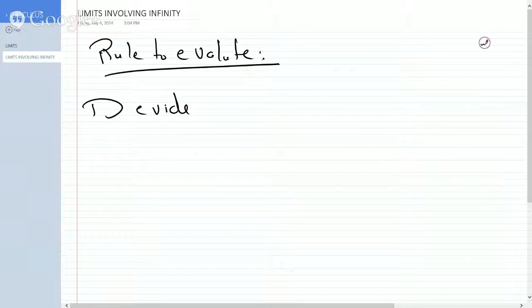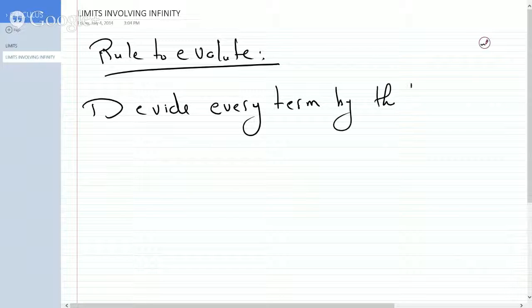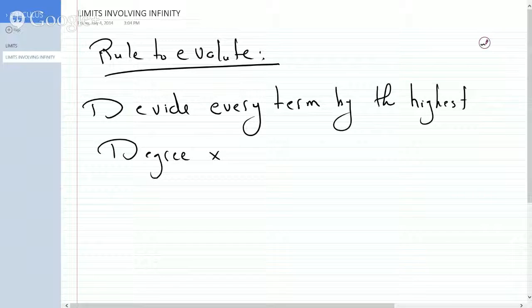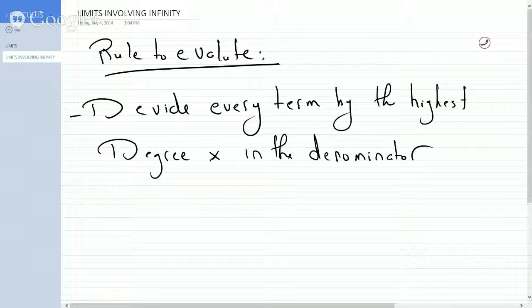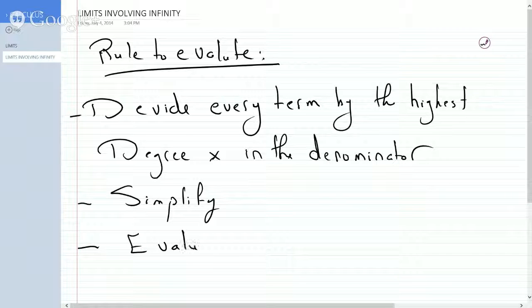Divide every term by the highest degree x in the denominator. Simplify after you divide, and then evaluate the limit.